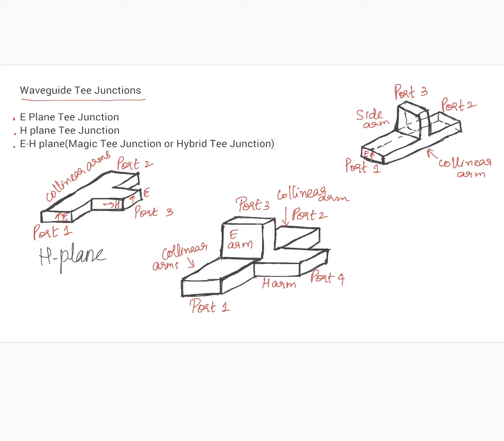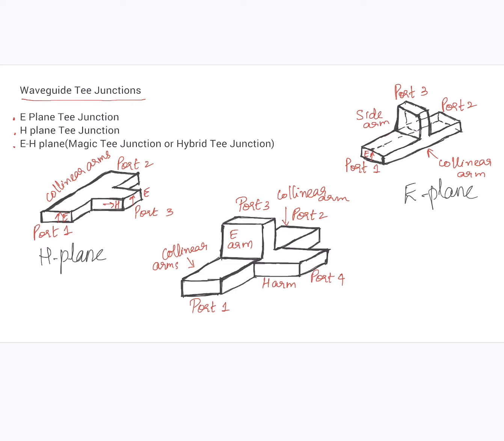Now if the T junction is formed by cutting the waveguide in the vertical direction, parallel to the E plane, and inserting a waveguide into it, that forms an E-plane T junction. Then the third type is a combination of both, by cutting parallel to the E plane and parallel to the H plane and inserting a waveguide, that forms the EH plane or magic T junction.